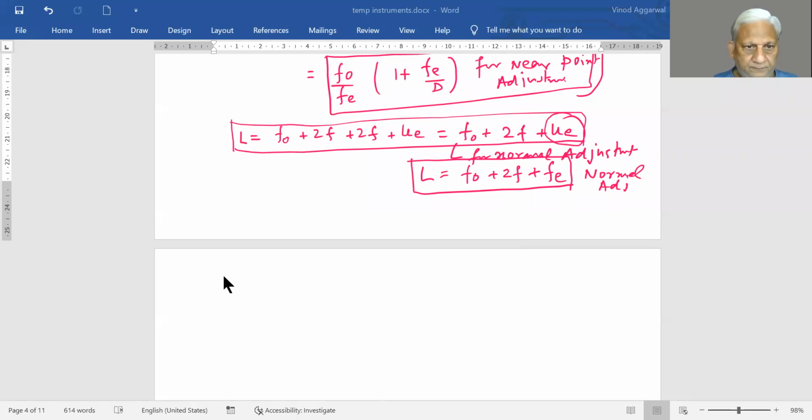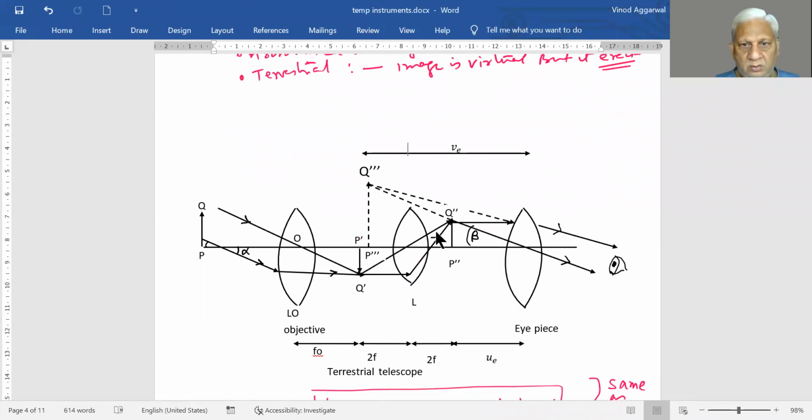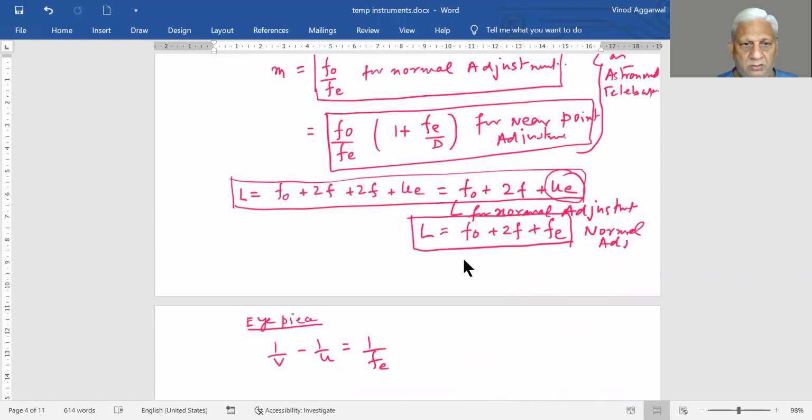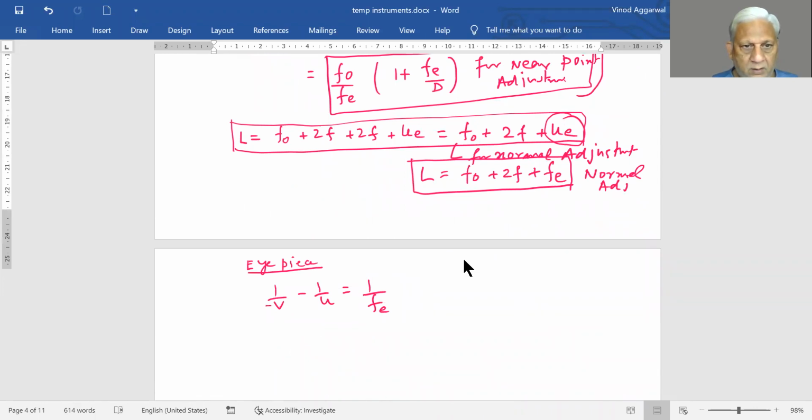Now, if we use our lens formula for eyepiece, as far as V is concerned, it is formed on this side of the lens, which is opposite to the direction of rays. So this will become negative. So is U. U is also on the same side. F is positive.